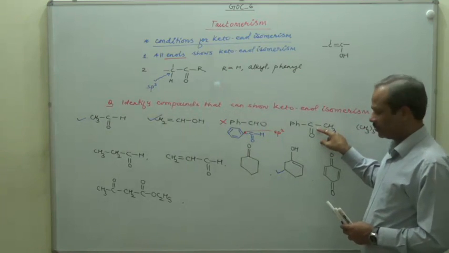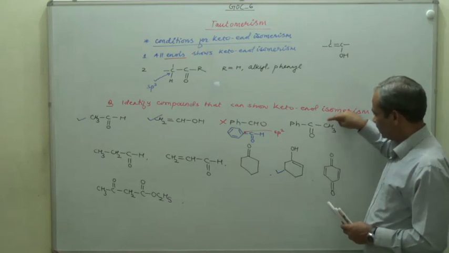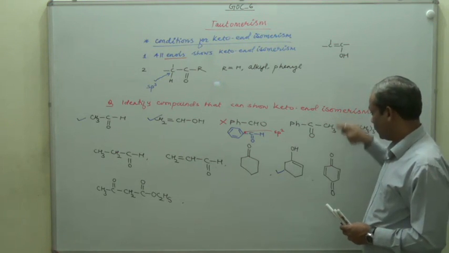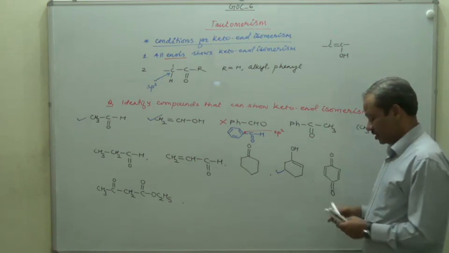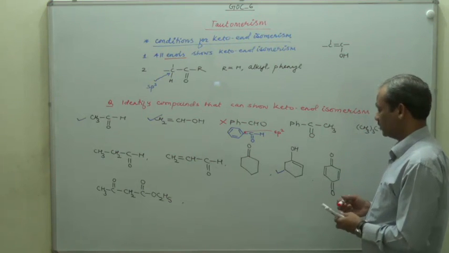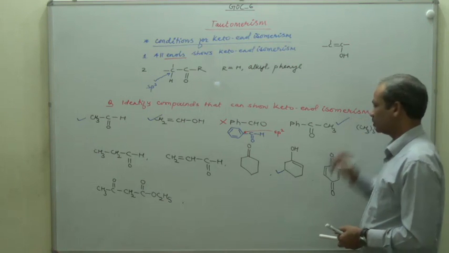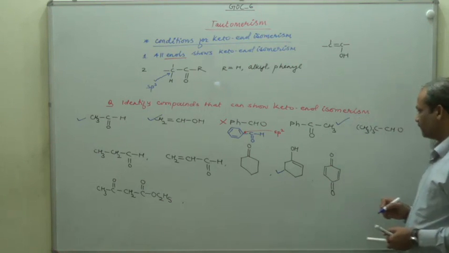In next compound, it is ketone type C double bond O, and this is again sp3 hybridized alpha carbon atom, and here there are 3 hydrogen atoms. So this compound satisfies all the conditions of keto-enol isomerism, so it shows keto-enol isomerism.